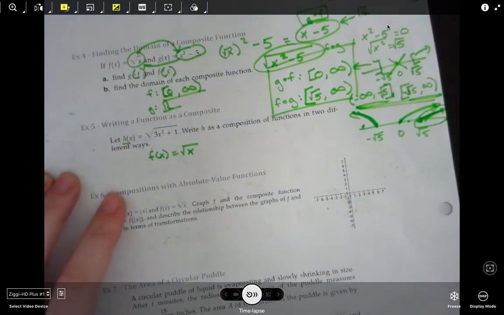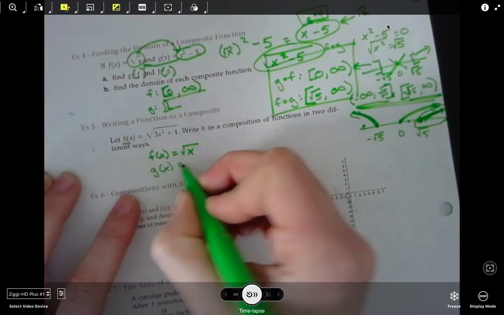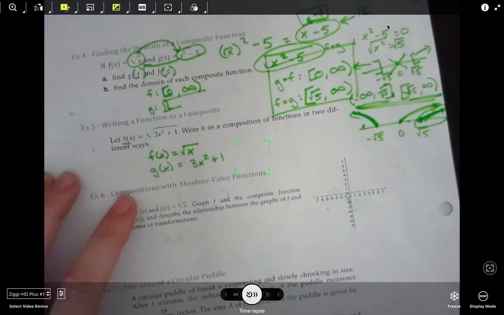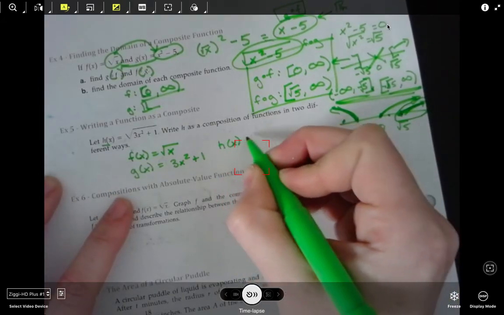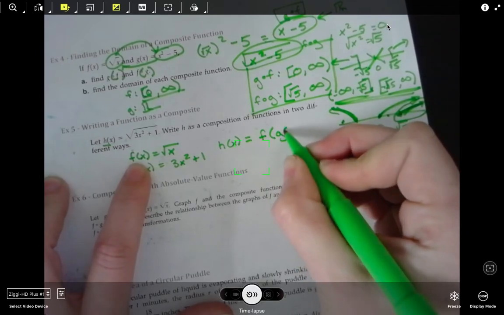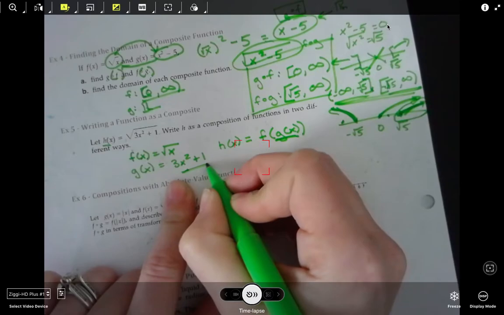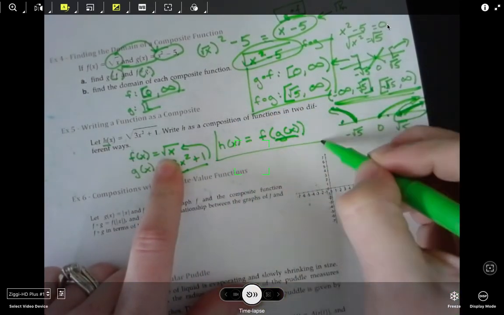And let's do g of x as the part that's on the inside, 3x squared plus 1. We can write h of x as f composed of g of x. It's basically like g of x shoved inside of f of x. And this is how we can write that.